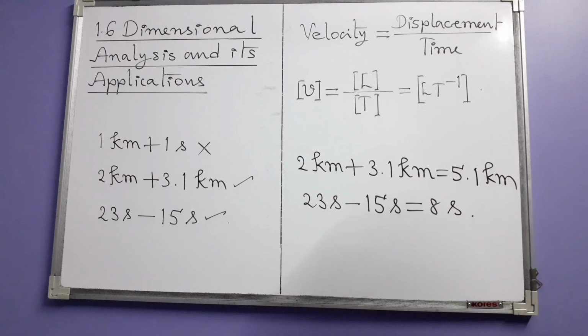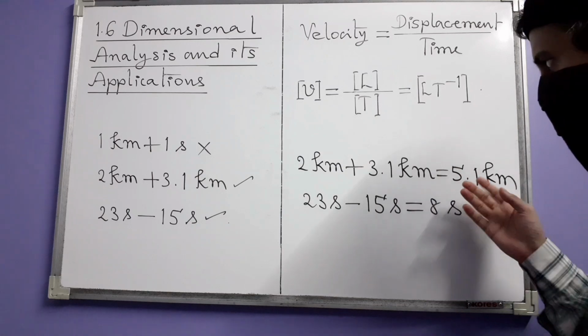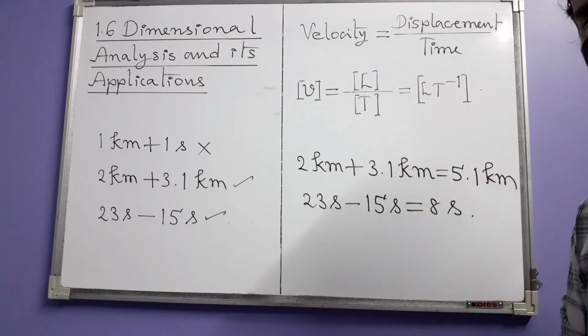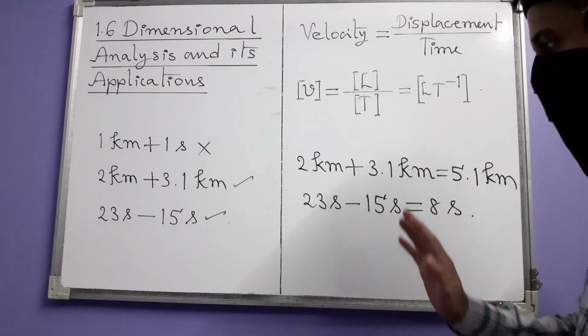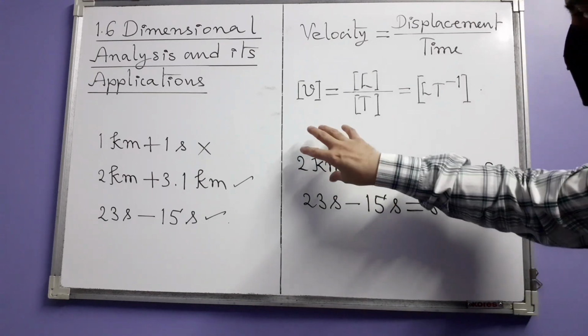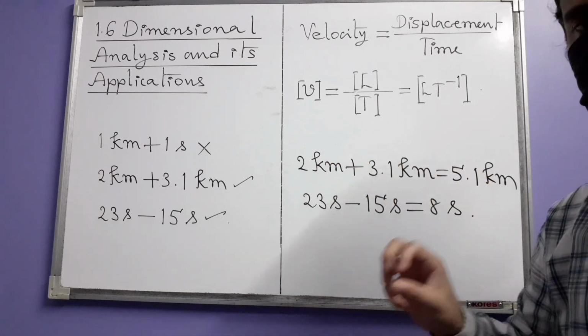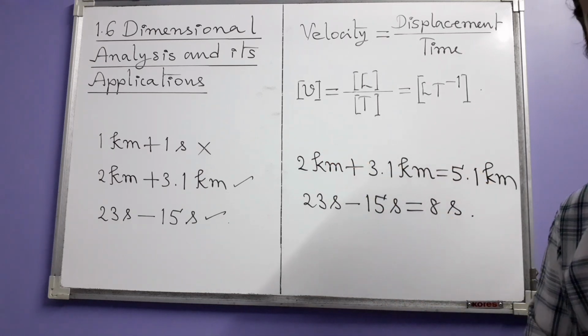So what do you see from these two equations? The conclusion here is that a correct equation should have the same dimension on both sides. And if addition and subtraction are involved, you have to check the dimensions of the individual quantities which are being added and subtracted.